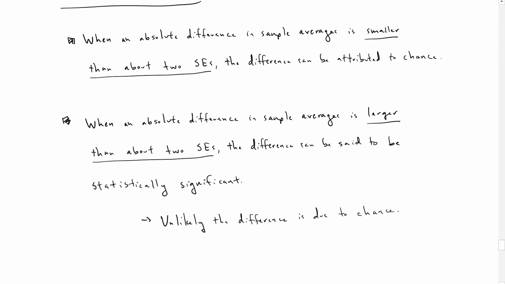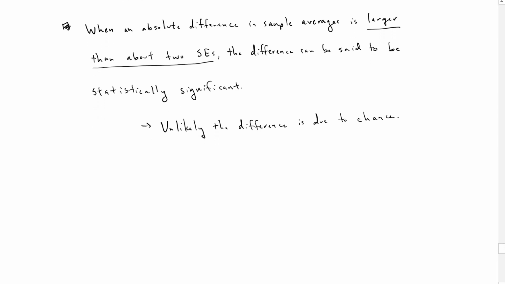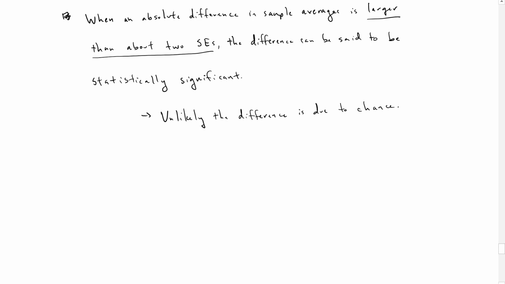Okay, and so let's look at a quick example of that. We're going to do an example here, and then we're going to see how this plays out in the RAND health insurance experiment. So in one of the previous videos, I showed Table 1.1 in our book, Mastering Metrics.